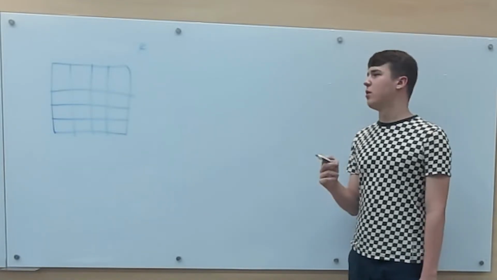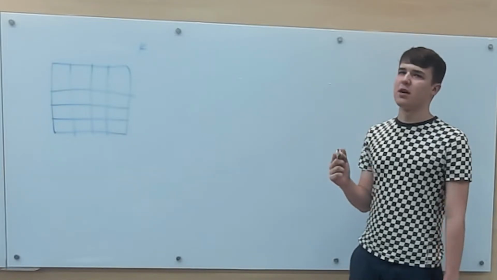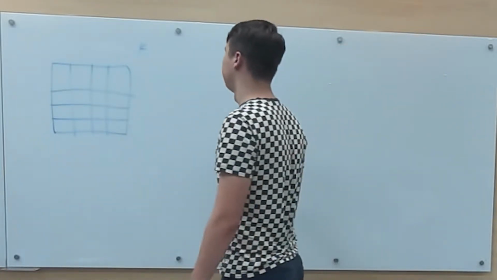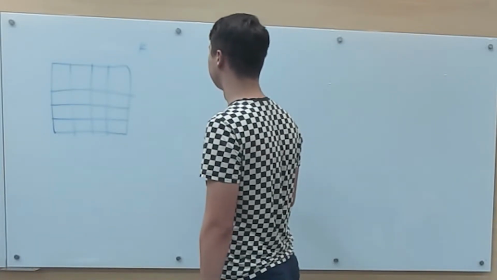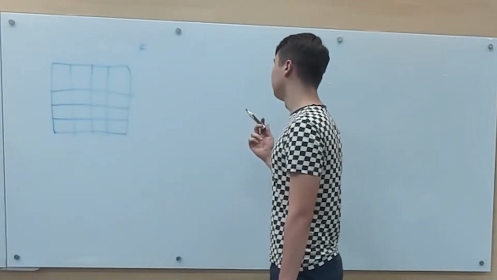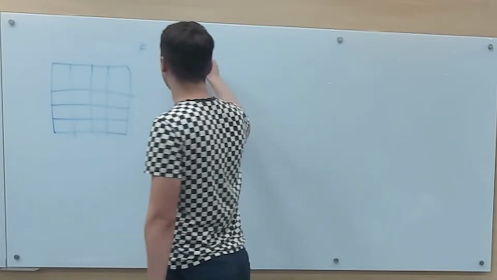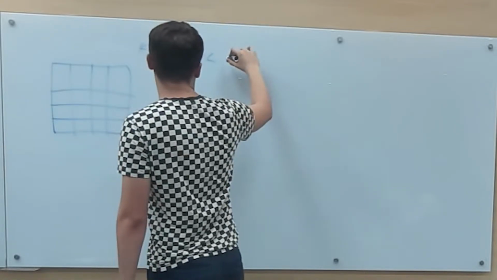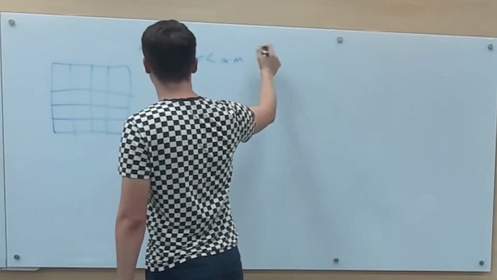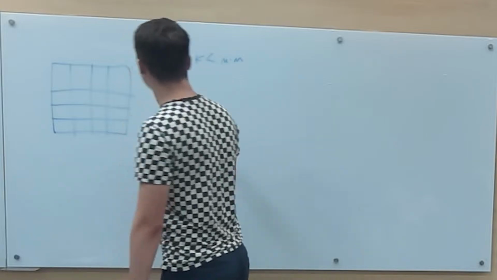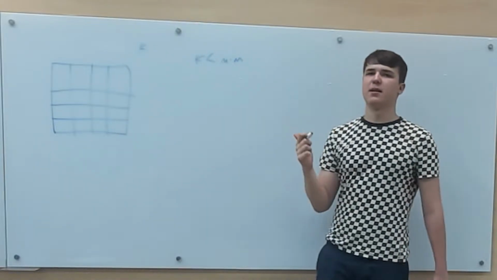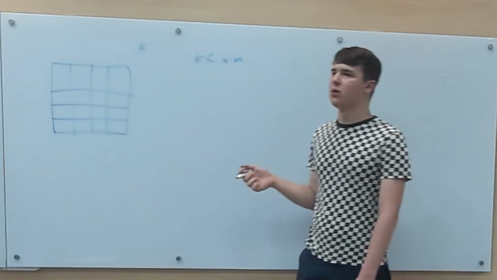Basically we can easily see that k should be less than n times m, and what's the minimum value of k we can do?